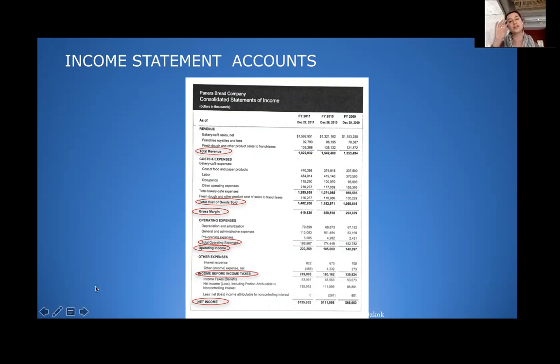But these are the revenues that we earned in this fiscal year and the expenses that we incurred.